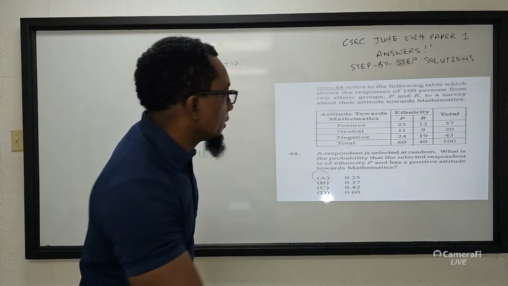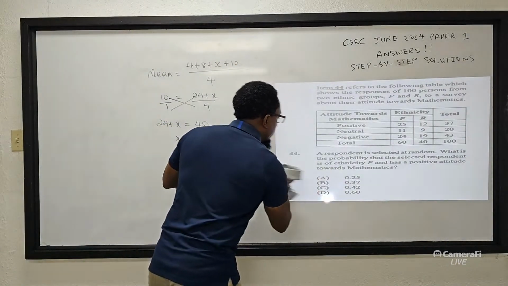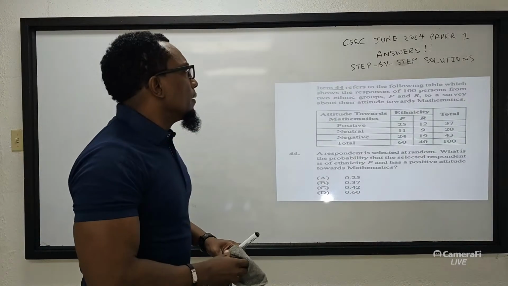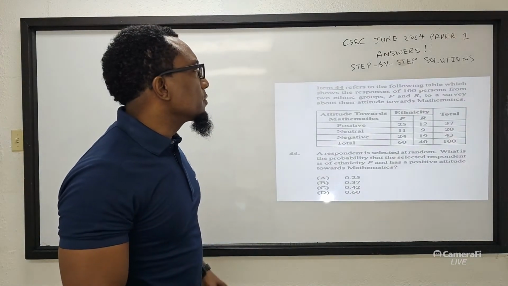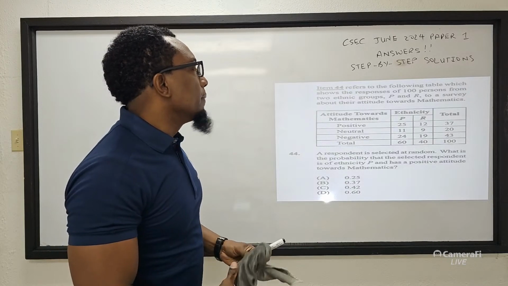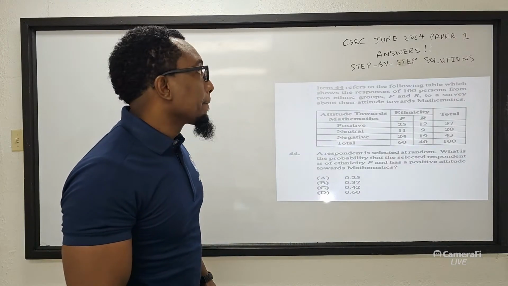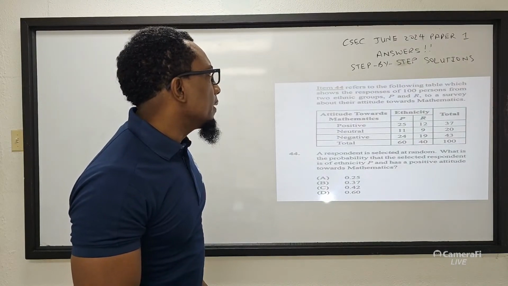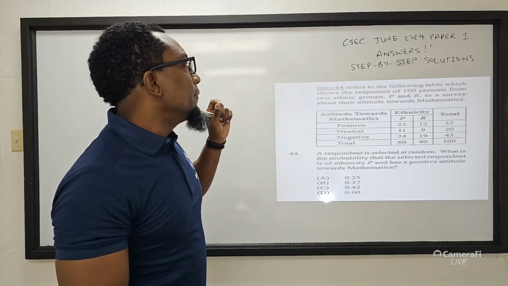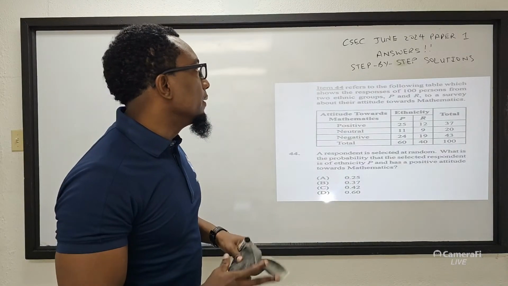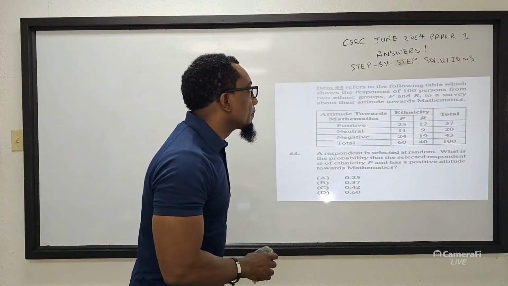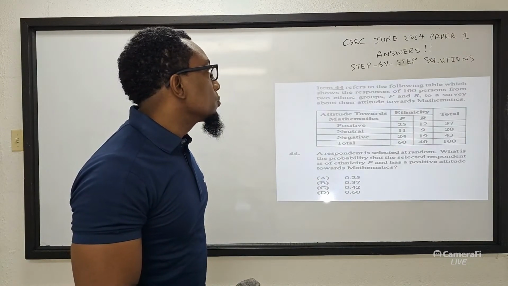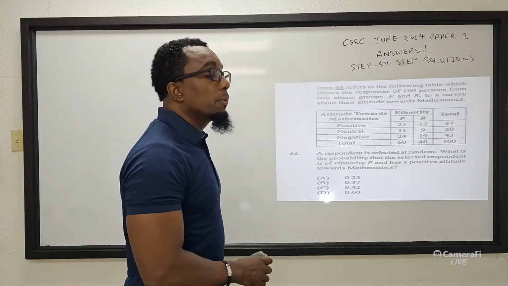44, it states here, item 44 refers to the following table, which shows the responses of 100 persons from 2 ethnic groups, P and R, to a survey about their attitude towards mathematics.